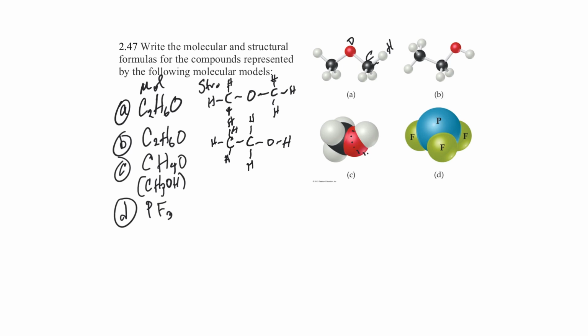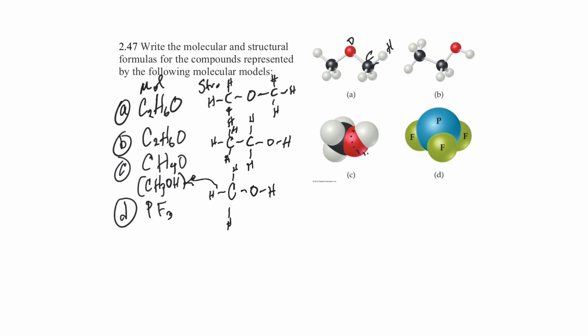Okay, how about C? I've got one CH3. Then I've got the O, and then I've got the H. That's why sometimes this would be the preferable formula. Even though you could write all the H's together, that's totally fine.